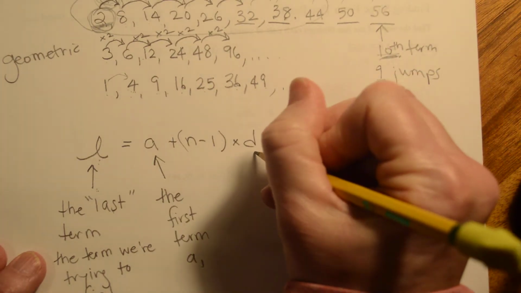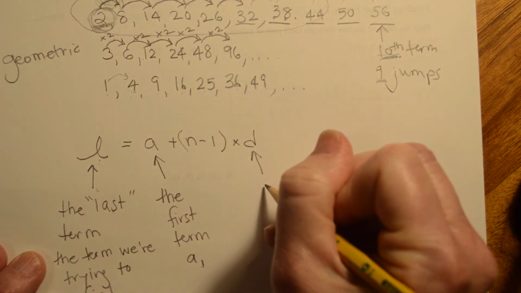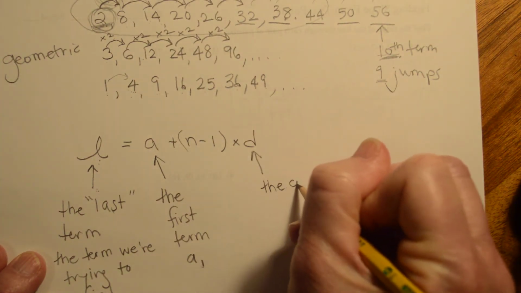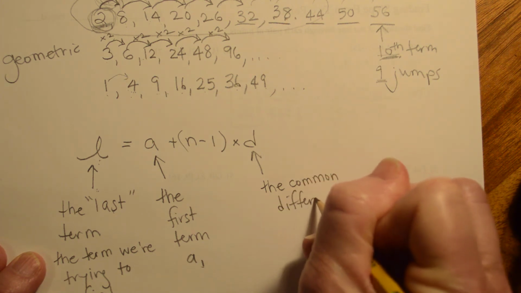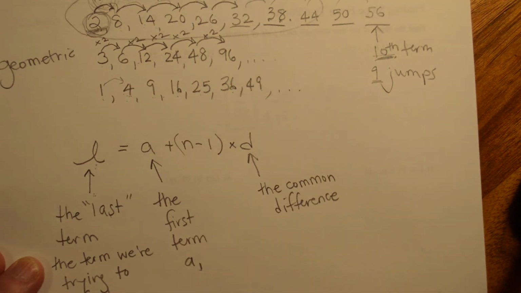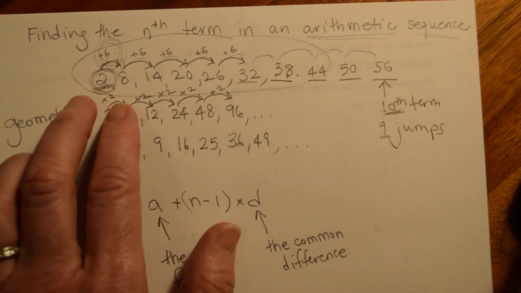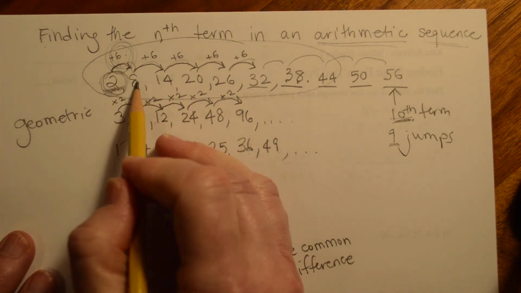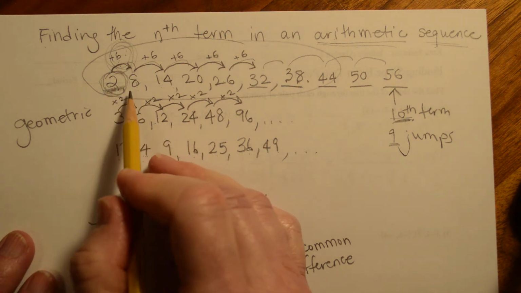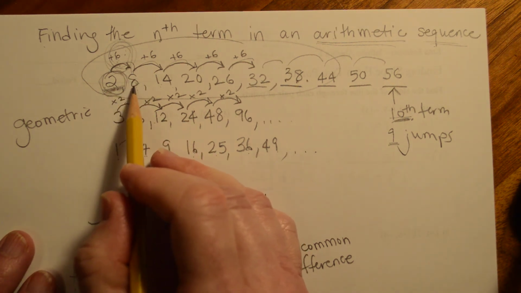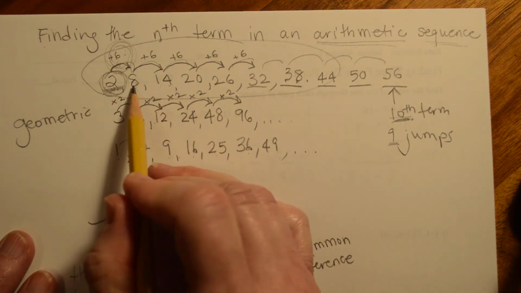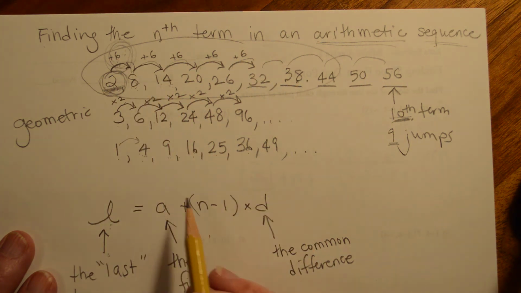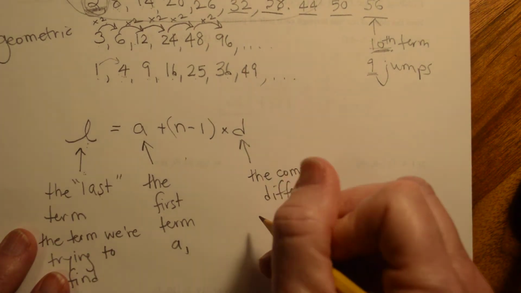D stands for what's called the common difference. In other words, how much space is between each of the two terms. So if I were to take 8 minus 2, the larger minus the smaller, their difference is 6, all right? If I were to take 14 minus 8, the larger minus the smaller, their difference is 6, and so forth. So really, this is how big is the jump.